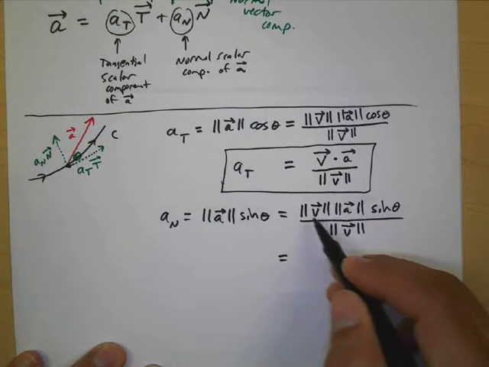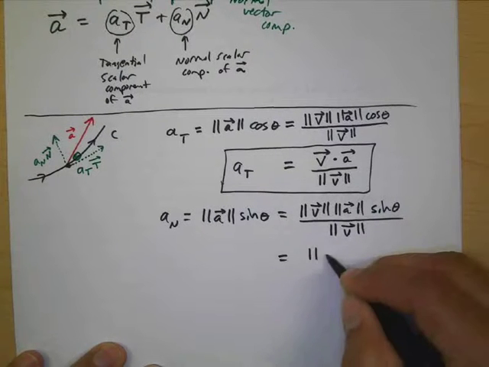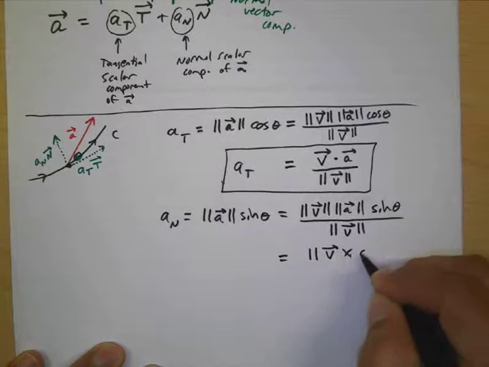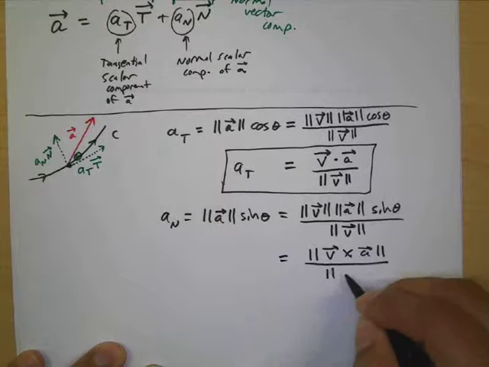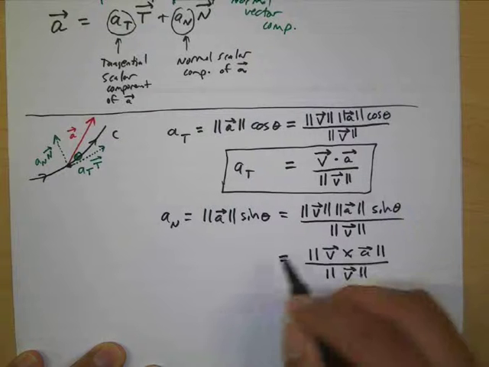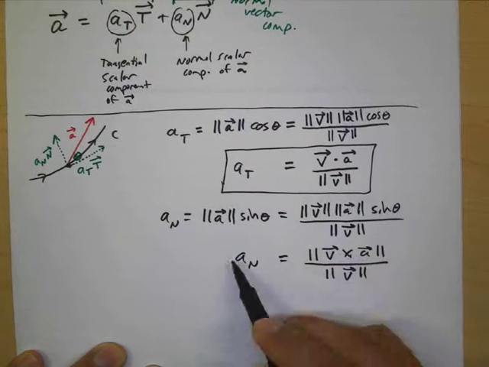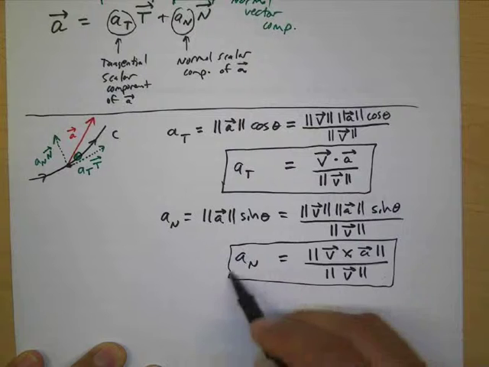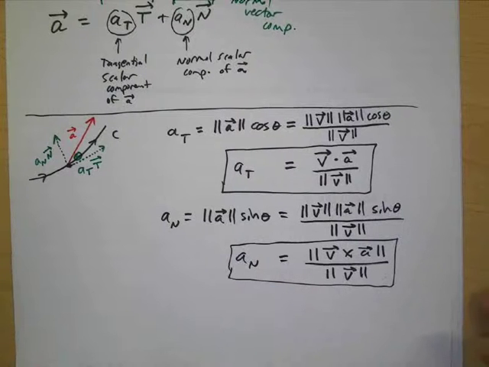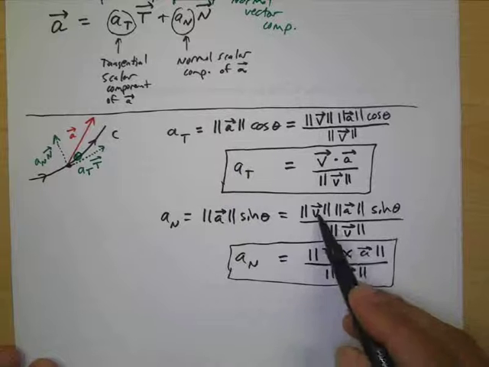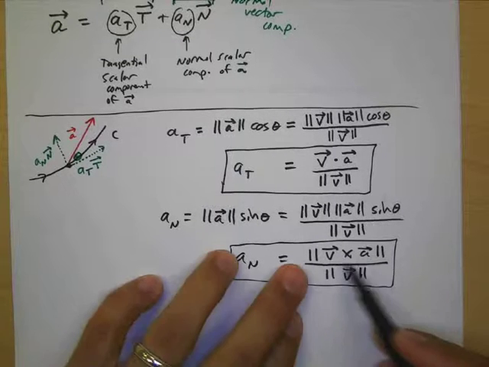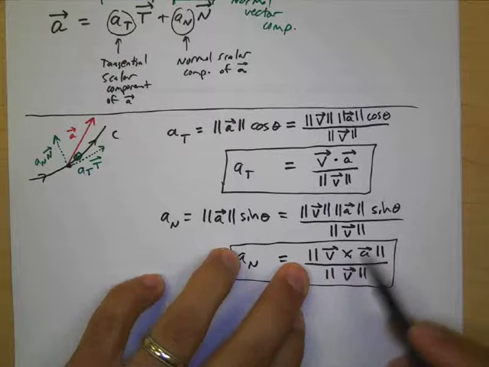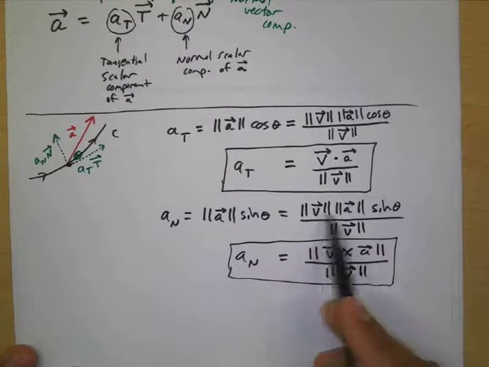What is this really? It's the magnitude of the cross product of v with a. Good. Over magnitude of v. So this would be a nice formula to compute the normal coefficient of that normal vector. That was the formula for the cross product magnitude. Remember that this also represented the area of a parallelogram, so if you remember it that way, this makes more sense.